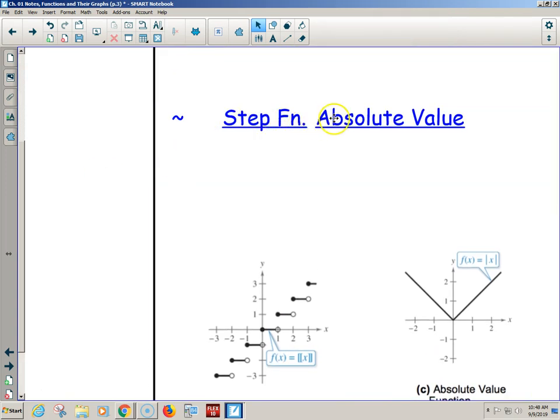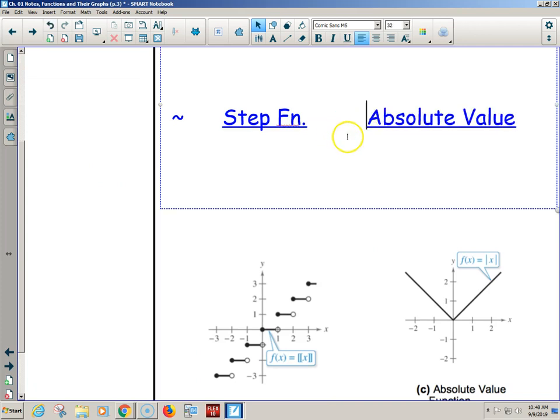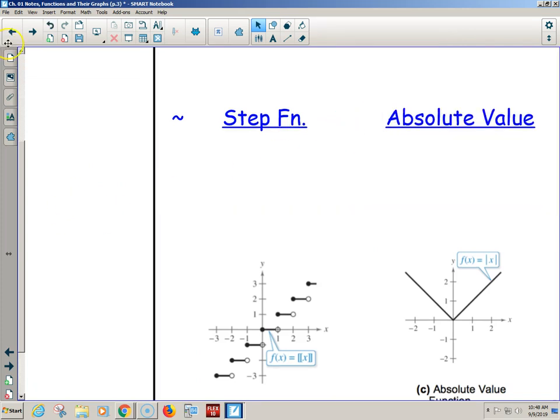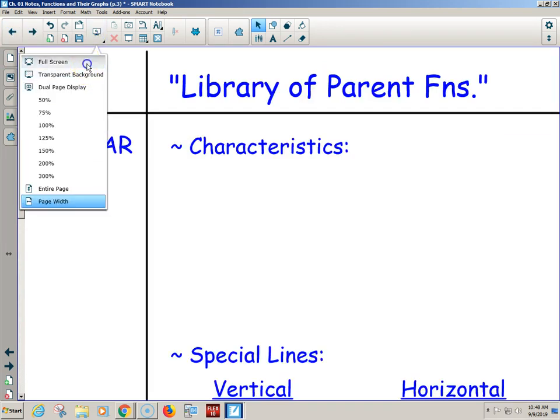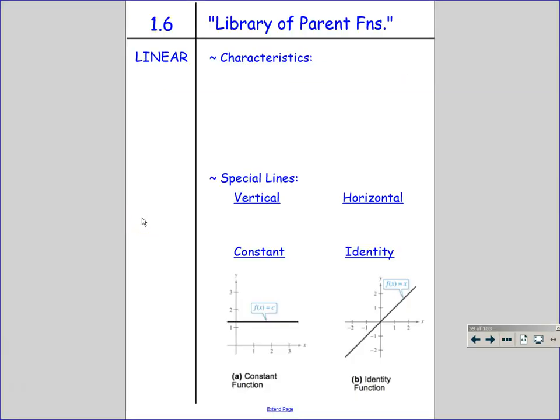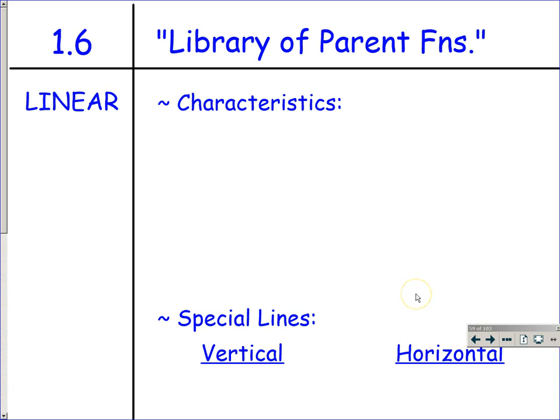Let me do this real quick. The spacing is kind of awkwardly off. I apologize. Okay, back to the beginning. I asked you guys a question in the very beginning: if something is a parent, it must have kids, right? I was talking about people, but these are parent functions, which means that everything we talk about today, if they are the parents, well, the kids must be coming.